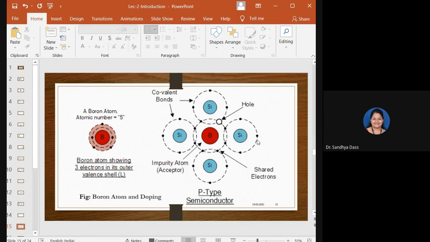The 4th covalent bond cannot be formed, as you can observe here. Therefore, a complete connection is not possible, giving the semiconductor material an abundance of positively charged carriers known as holes in the structure of the crystal, where electrons are effectively missing.